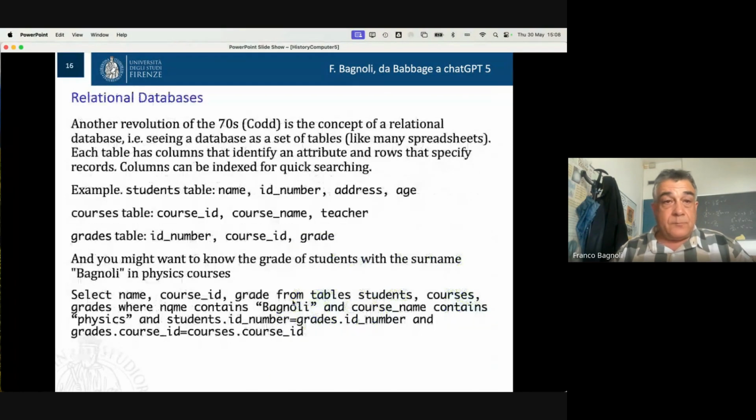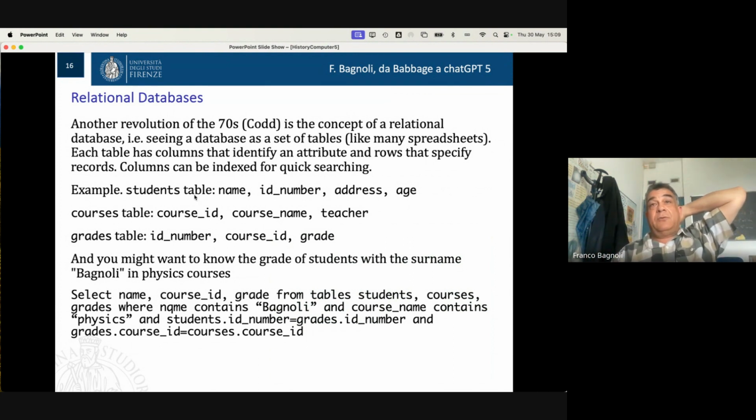Okay, another important revolution was relational databases. The idea of relational databases is very similar to having a kind of spreadsheet. Each table is a set of columns labeled by some identifier.